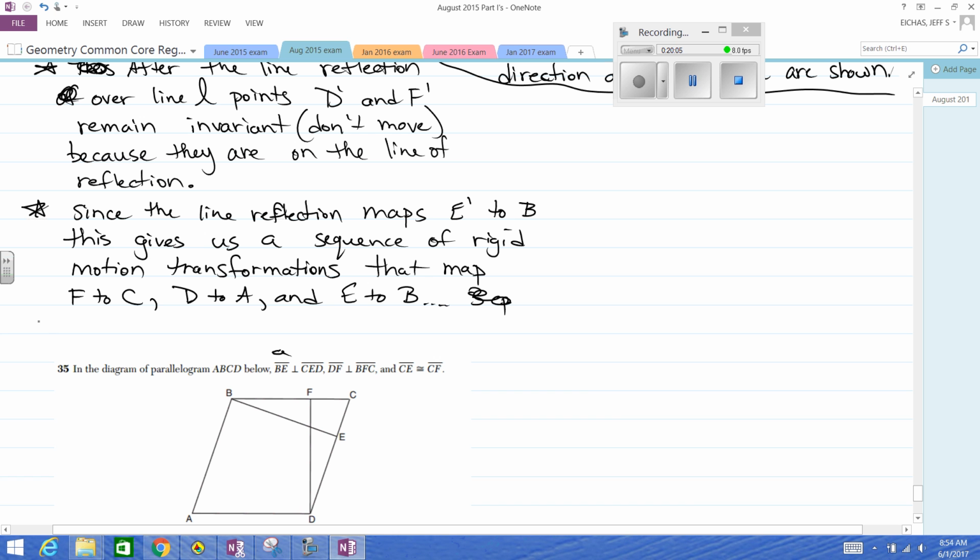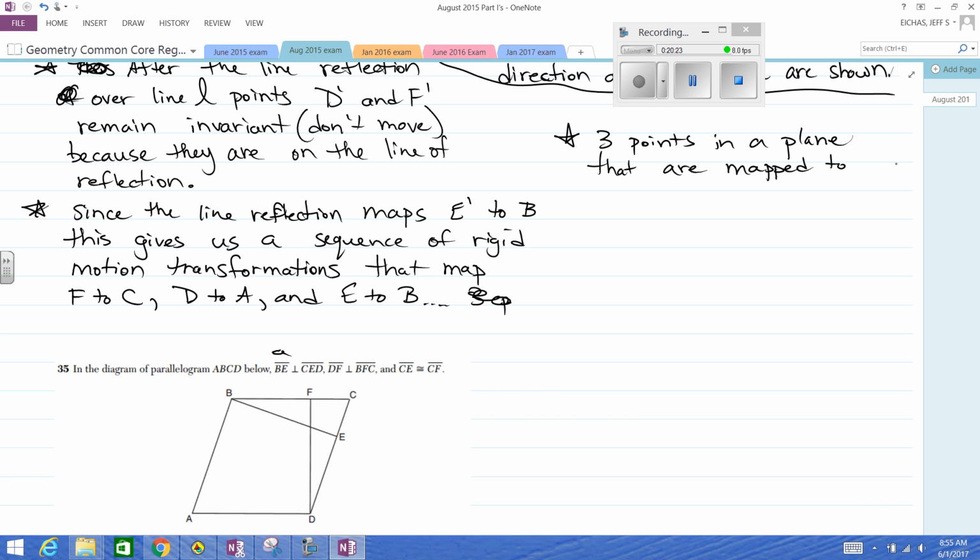So that's good. Let's come over here. 3 points in a plane that are mapped to each other, 3 non-collinear points. Right? Because that's what these are.